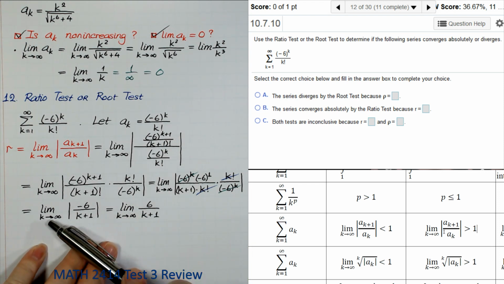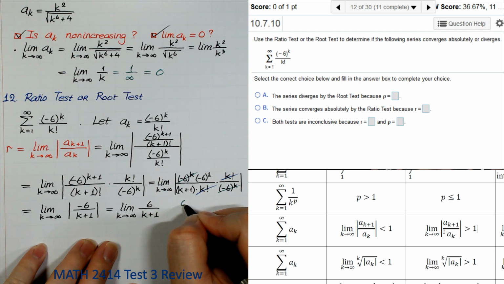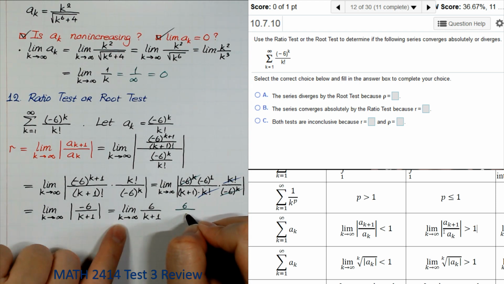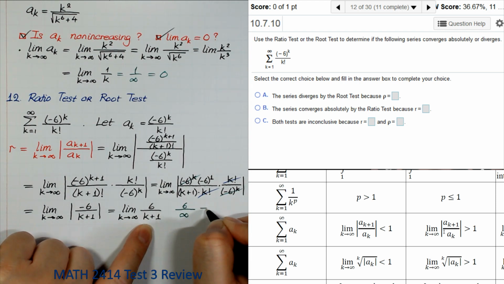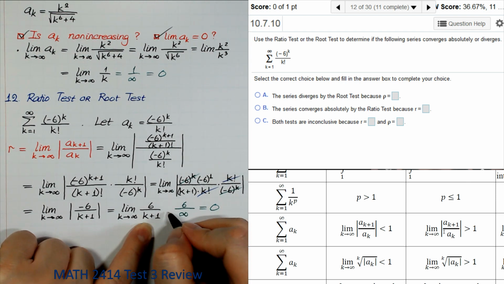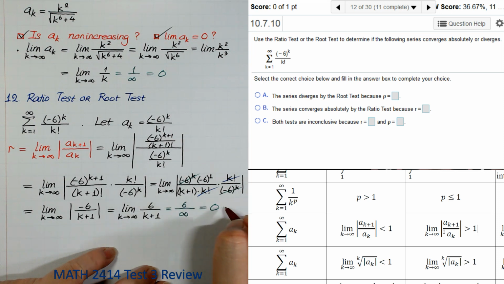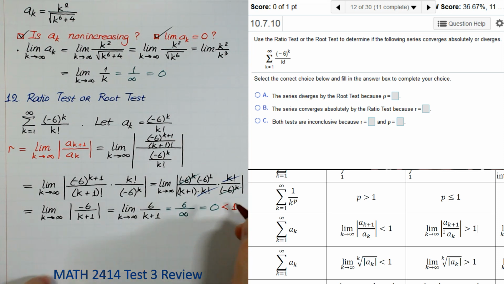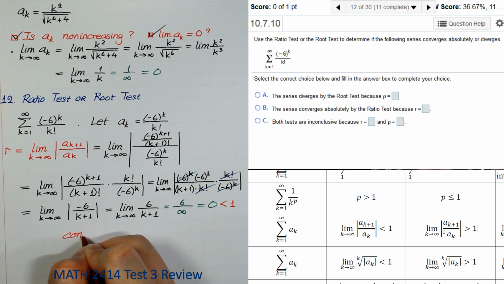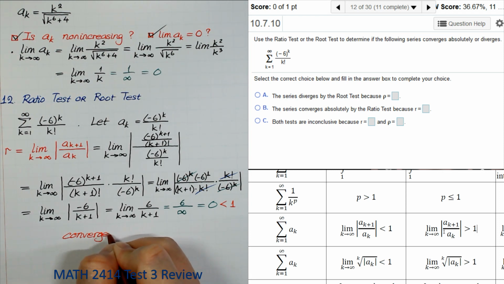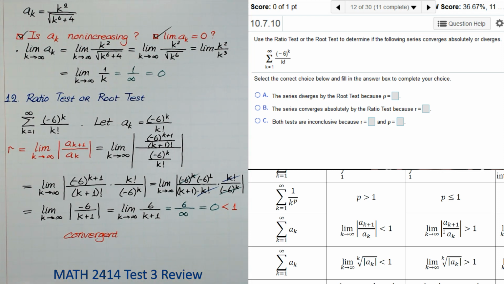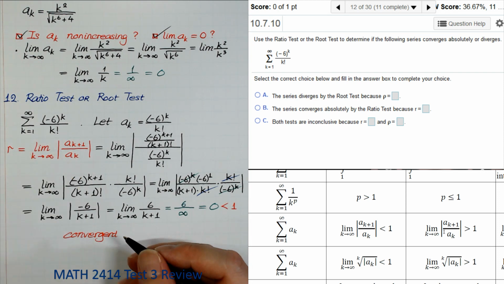Now, when k goes to infinity, the top is finite and the bottom goes to infinity. So finite divided by infinity is 0. And according to the ratio test, if it is less than 1, it is convergent, and convergent absolutely.